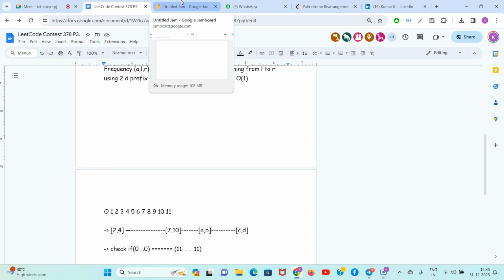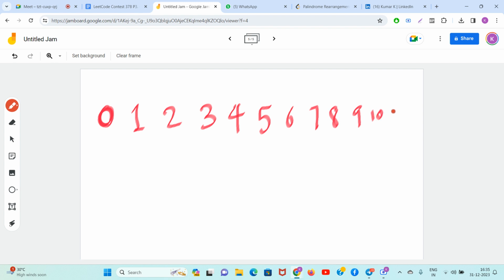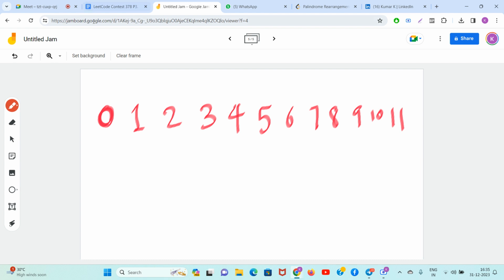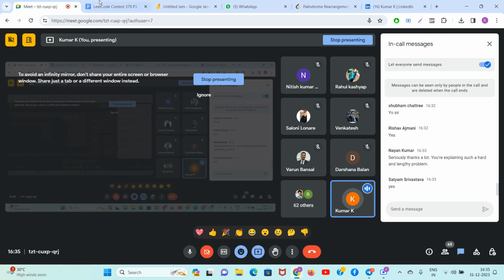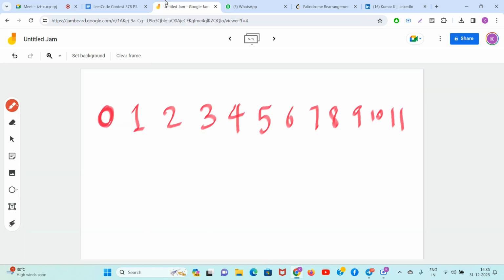0, 1, 2, 3, 4, 5, 6, 7, 8, 9, 10, 11. Everyone write yes in the chat if they understood that sir has taken a 12 length string. I have taken a 12 length string.